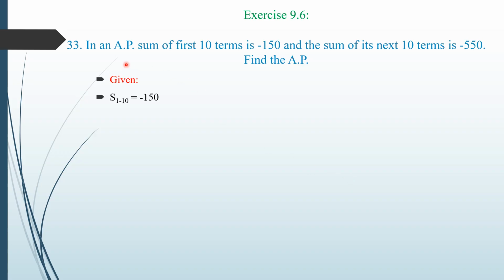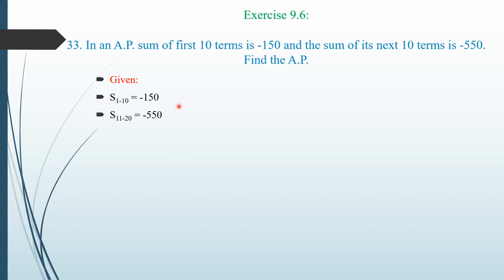First, we will note down all the given data. Sum of first 10 terms of an AP, that is S1 to 10, is minus 150. Now, it's given that sum of next 10 terms of this AP is minus 550, which means sum of terms starting from 11 up to 20 is minus 550.